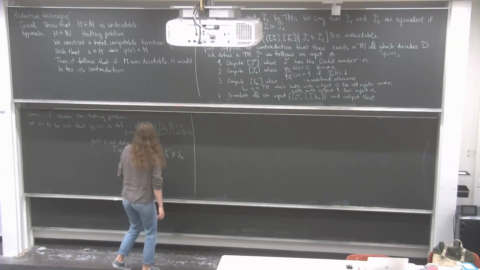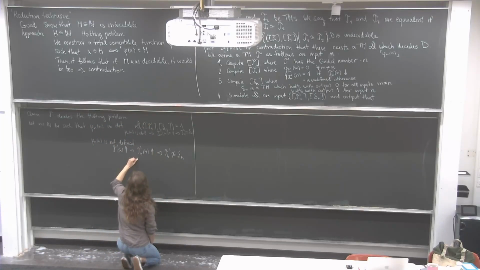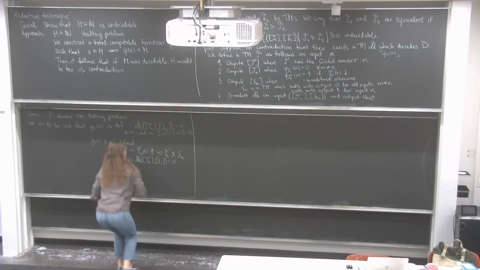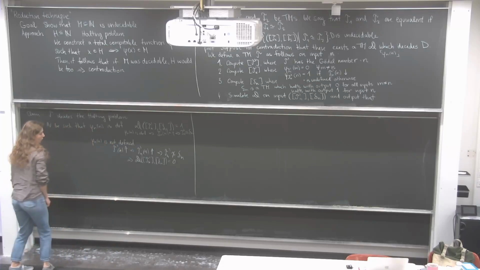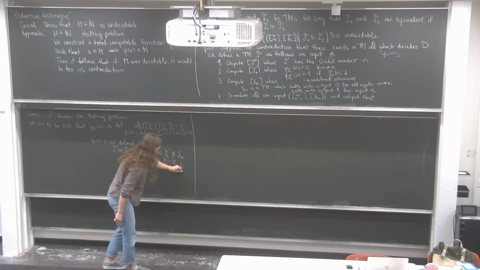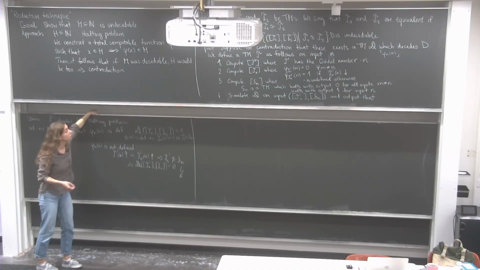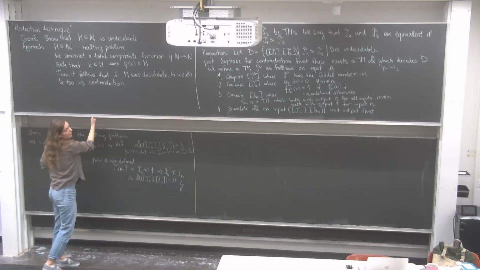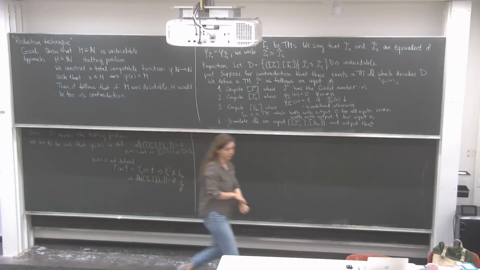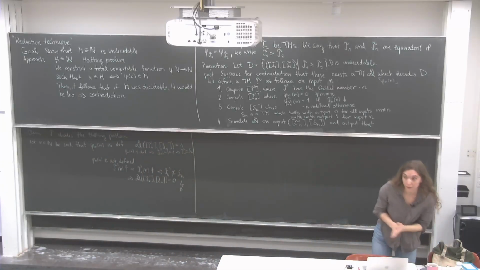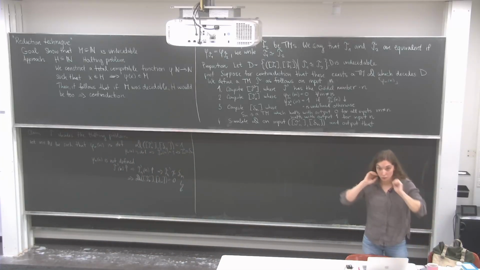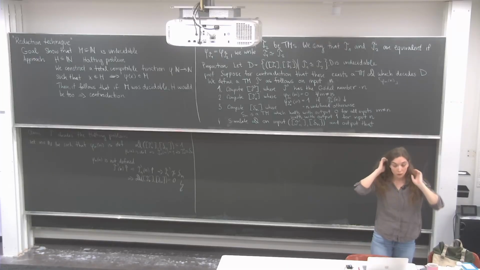So D of T_n prime and delta n is 0. Great. So that's the contradiction with our assumption that D is decidable. Are there any questions for this? You will have a chance to practice this in the exercises.